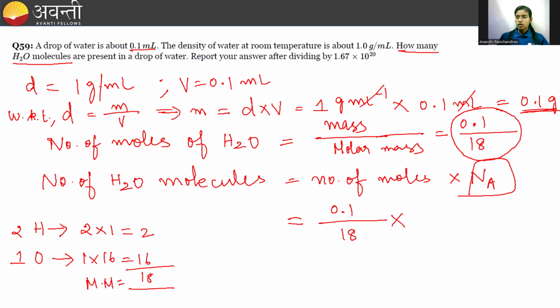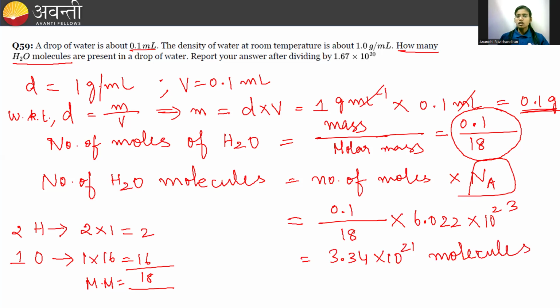We know Avogadro number is 6.022 into 10 to the power 23. If I solve this, I will get 3.34 into 10 to the power 21 molecules of water. So now this is the number of H2O molecules.